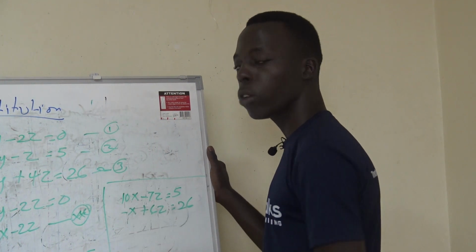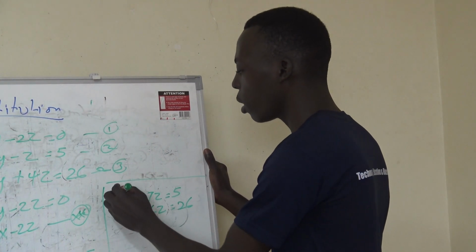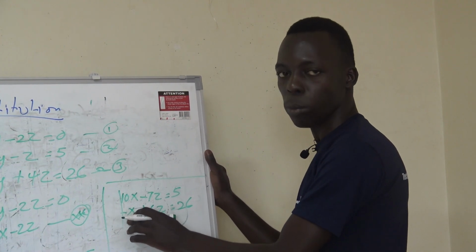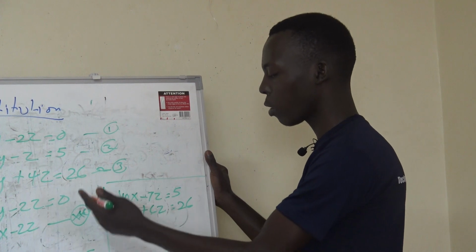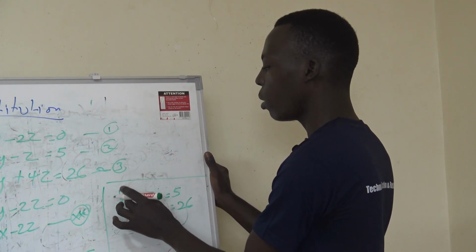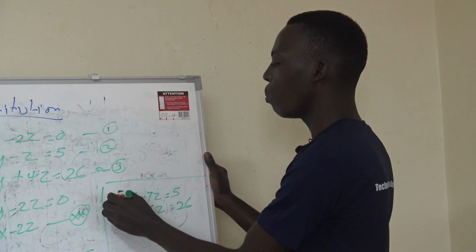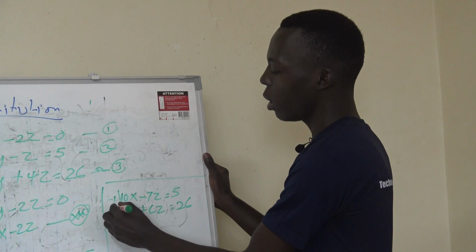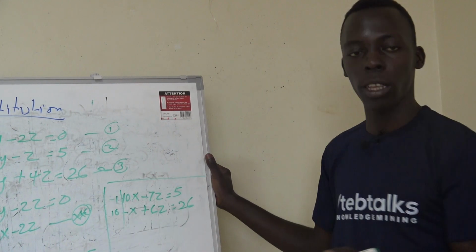So what we do, we are going to eliminate x. Eliminating x, I mean if this one is 10, also make this one become 10, so they must be the same. Since this one is negative, we multiply this one by -1 and also multiply the other one by 10 to make them the same.